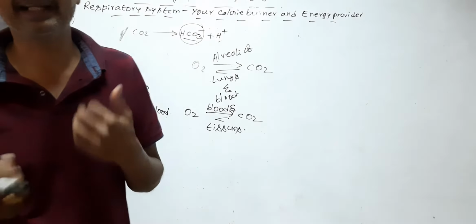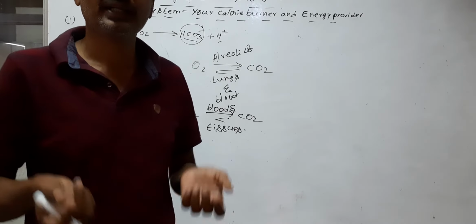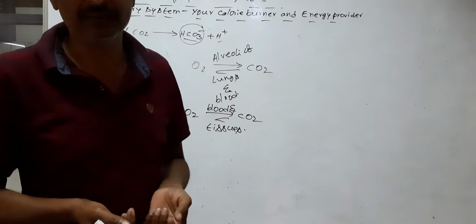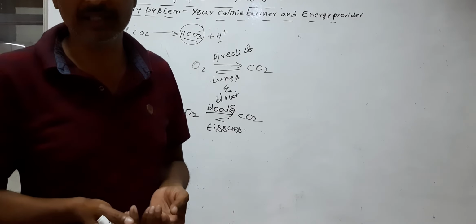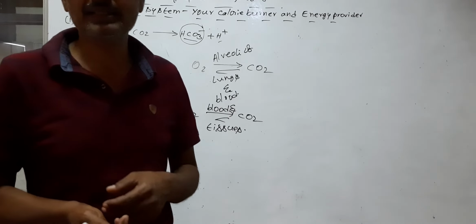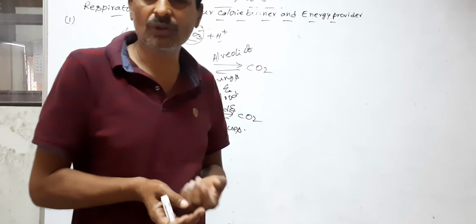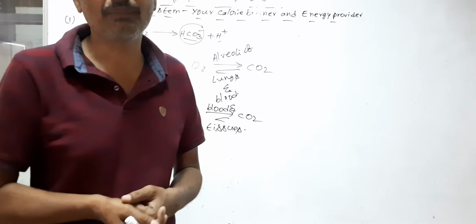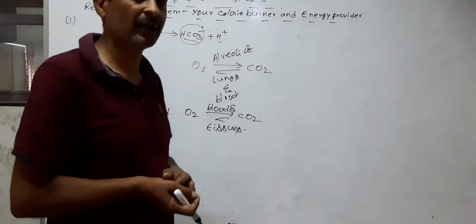Inhalation means taking of air. Exhalation means sending of air from the body to outside. So the inhalation and exhalation both are under the control of the medulla oblongata. What is medulla oblongata?